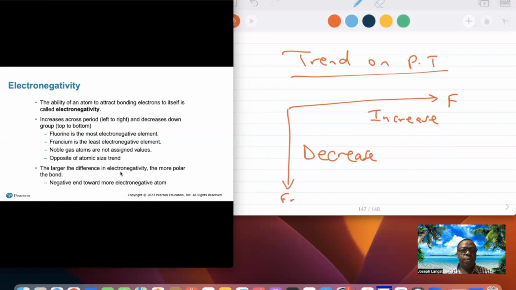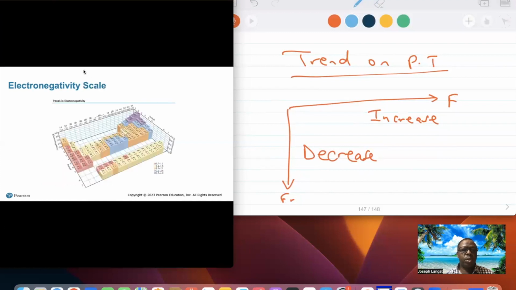The larger the difference in electronegativity, the more polar the bond is. So you can know where they are on the periodic table. If we are given two elements, look at their position on the periodic table.